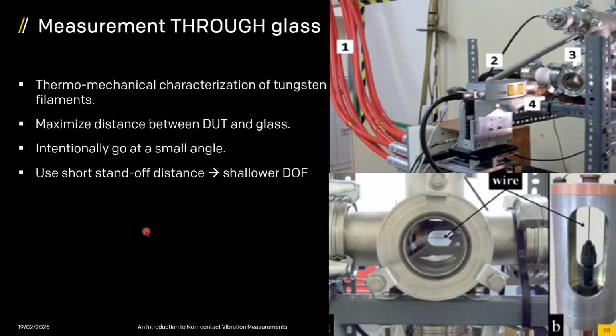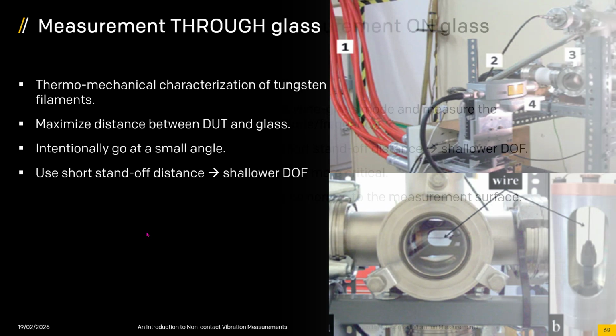One of the last measurements we did last year was in a cryo chamber, so super low temperatures where hardly anything else works. So you have to be able to go from outside looking in and make these measurements. So this was measurement through glass.